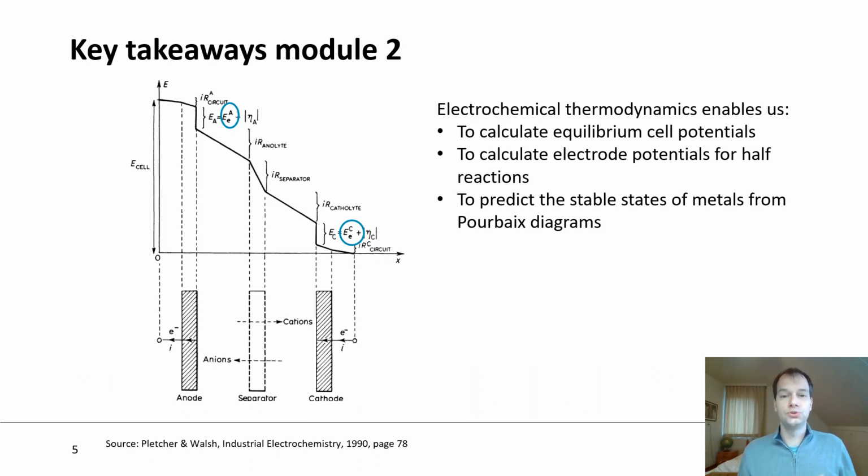We can also use it to calculate electrode potentials for half reactions. Then we need to make use of the standard hydrogen electrode. And we can use it to predict the stable states of metals from Pourbaix diagrams to help us in selecting electrode materials. And this is where I would like to end Module 2 on electrochemical thermodynamics. Thank you for your attention.